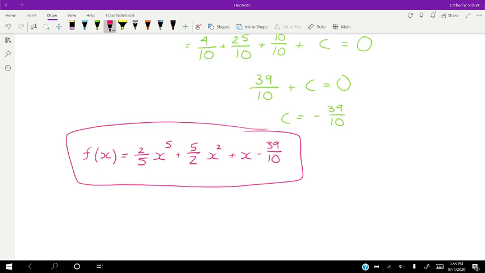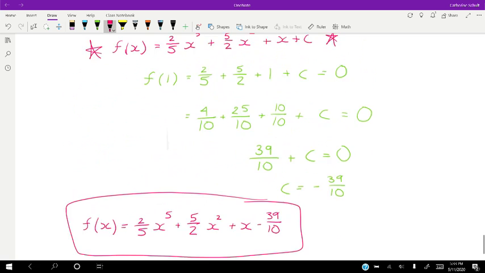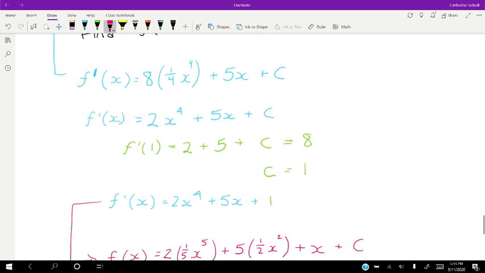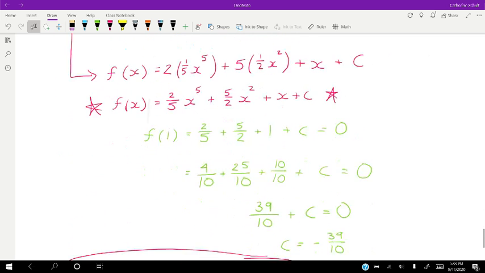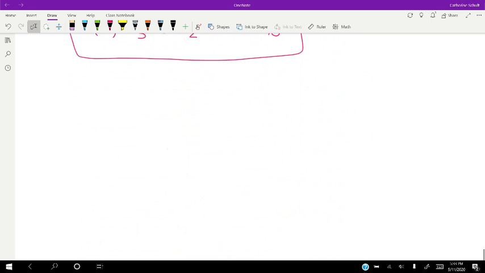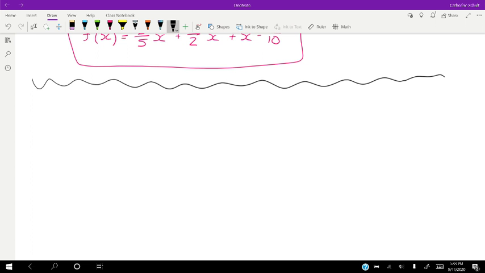All right. So kind of on the same note, in other words, starting with a double derivative, and then finding the single derivative and then finding our function, we're going to do the same thing with our position function, our velocity function, and our acceleration function.